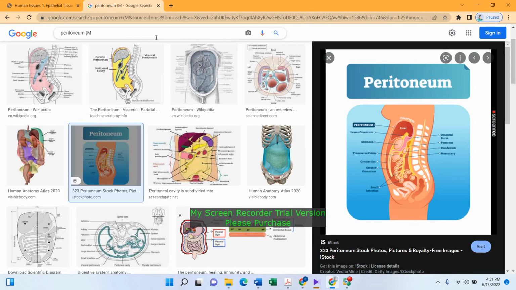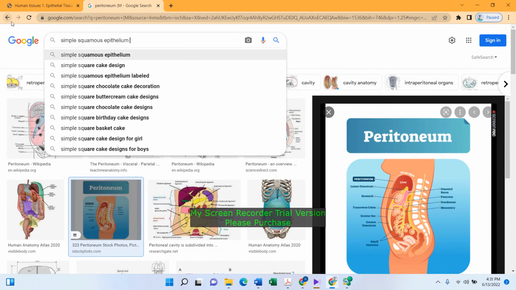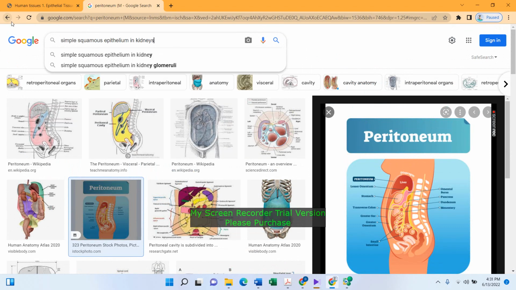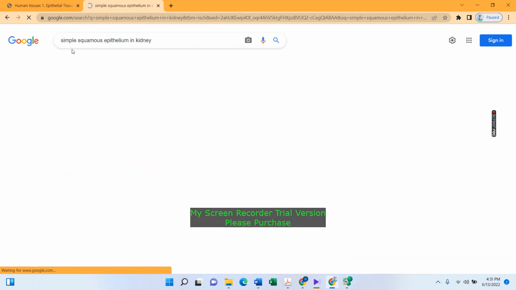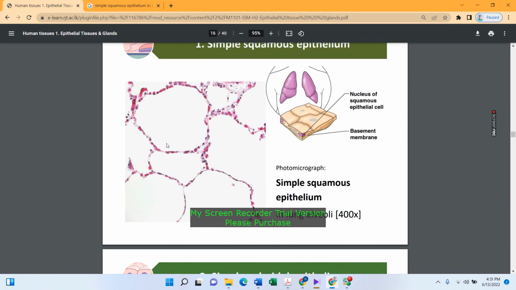So let us go and find simple squamous epithelium in kidneys. Yeah, that's what we have to figure out, right? So actually, this is the alveoli itself.